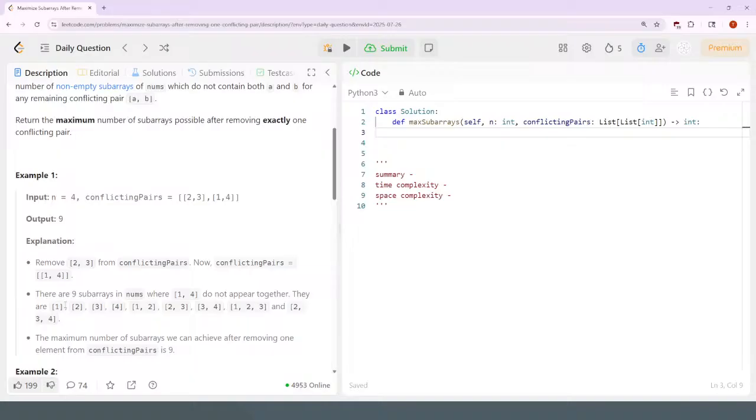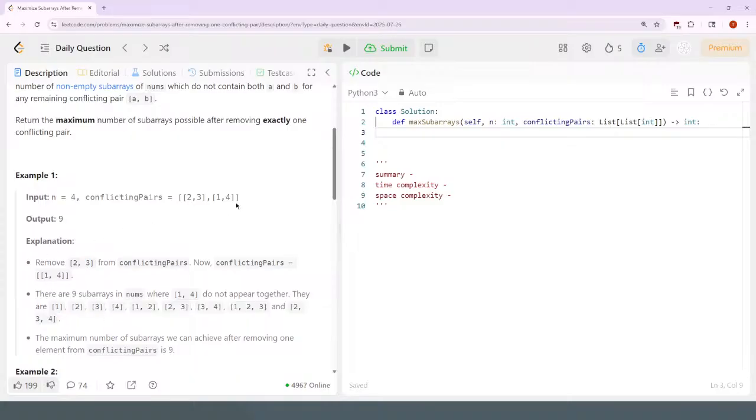You can think of it as 4 1-element subarrays, 3 2-element subarrays, 2 3-element subarrays, and 1 4-element subarray. And of those, there's exactly one that is inclusive of 1 and 4. So therefore, there's 9 remaining subarrays.